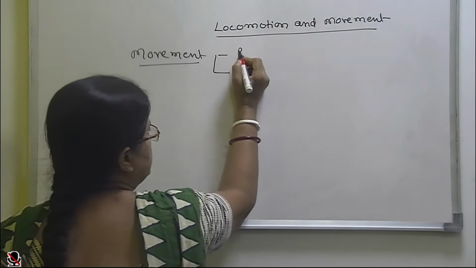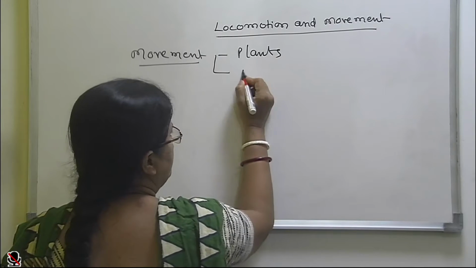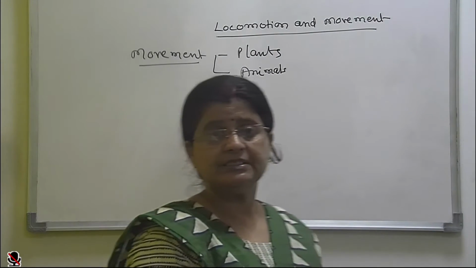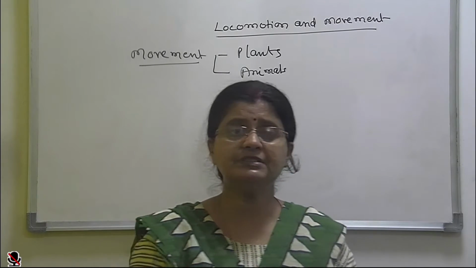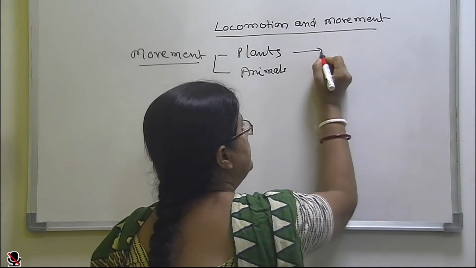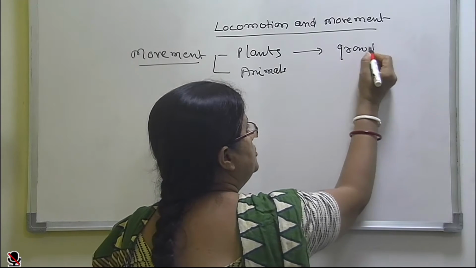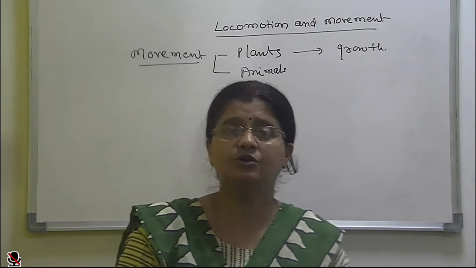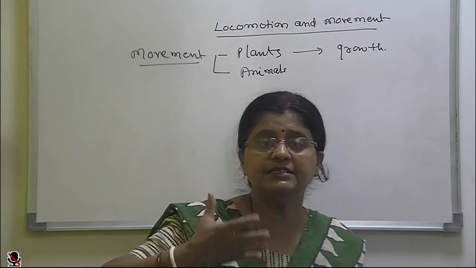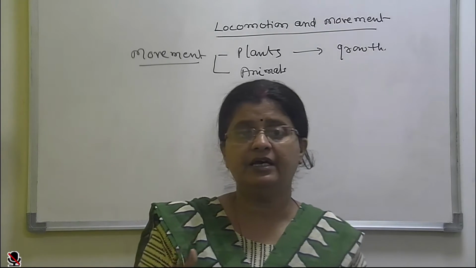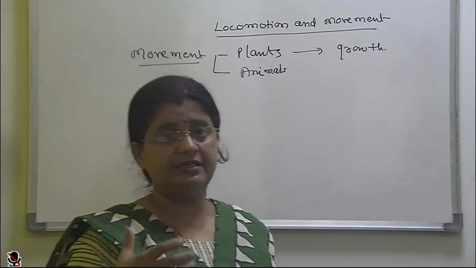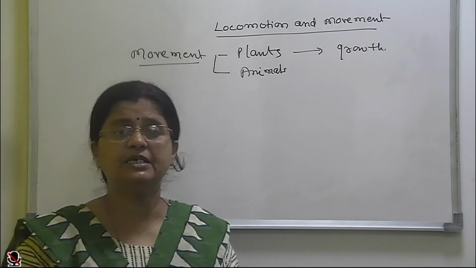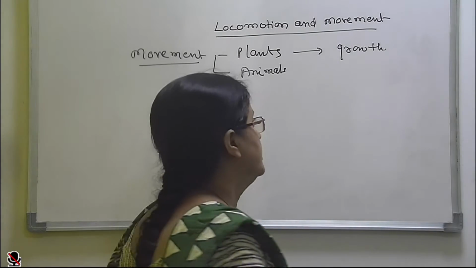If you see, there is a little bit of difference in plants and in animals. In plants, what happens? This may be either due to growth, so when there is growth in the plants, these changes are made. Or second, there may be changes of internal body components with respect to one another.